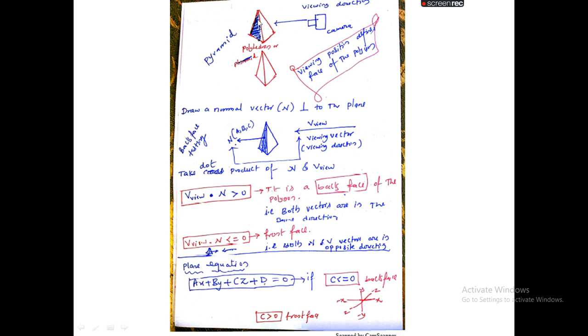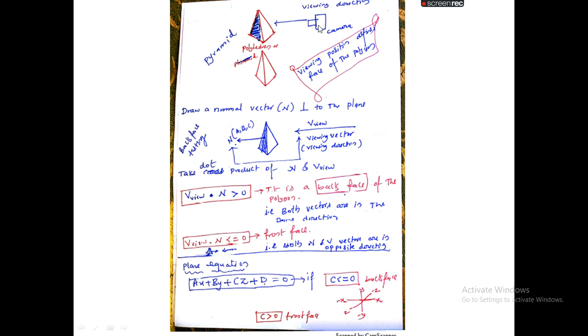This is called one object, and the observer is viewing this pyramid in this direction. So this is called the viewing direction. So when the observer is viewing this object, the pyramid, in this direction, I highlighted two types of surfaces. Please see the mouse pointer. I highlighted for that particular object two types of surfaces.